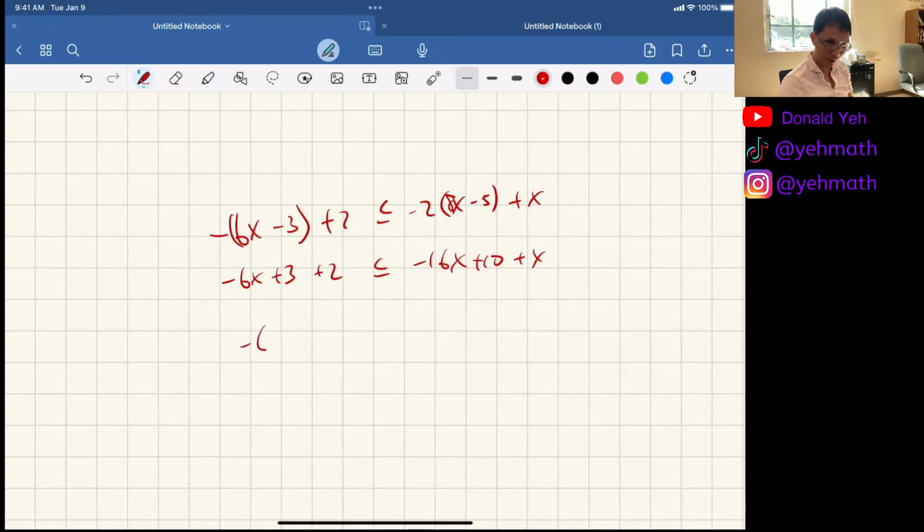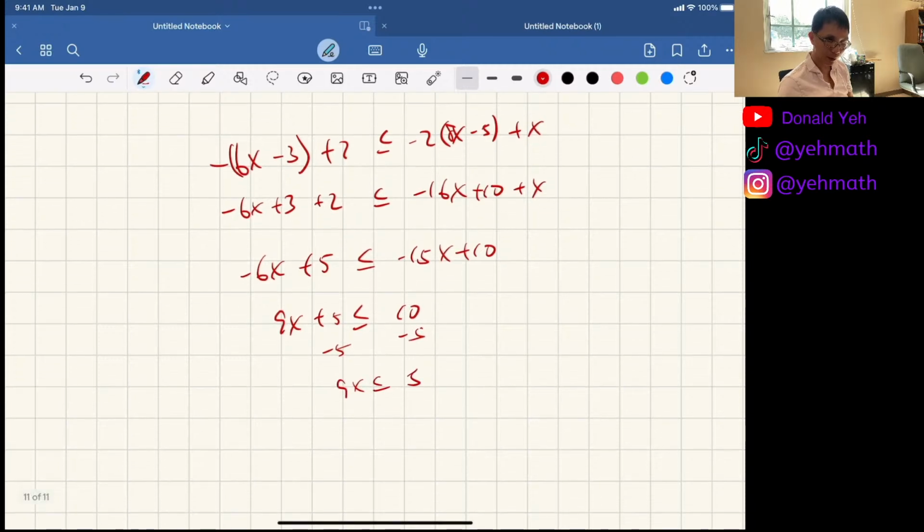So -6x plus 5 less than -15x plus 10. And that's going to be 9x. I add 15x on both sides. And I subtract 5 on both sides. So 9x less than 5. x less than or equal to 5 over 9. So negative infinity to 5 over 9 bracket. It's a bracket, not a parenthesis.